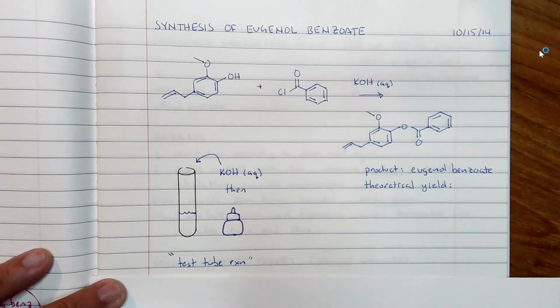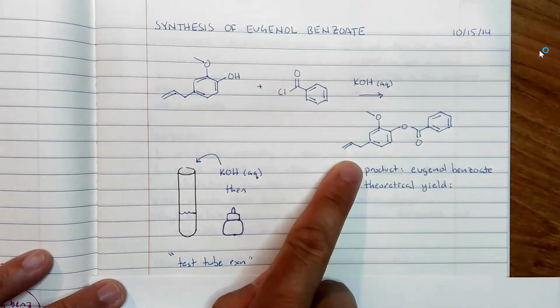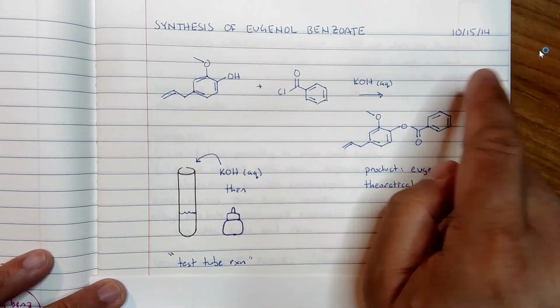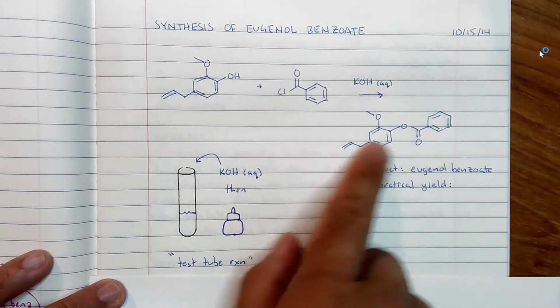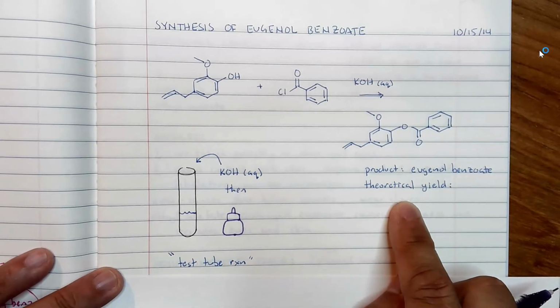So the reaction that I'm showing is the synthesis of eugenol benzoate, which is right there. Okay, if you run out of space on the right, go ahead and just put it underneath. And what's important for me is we anticipate what the theoretical yield is, how much we expect.